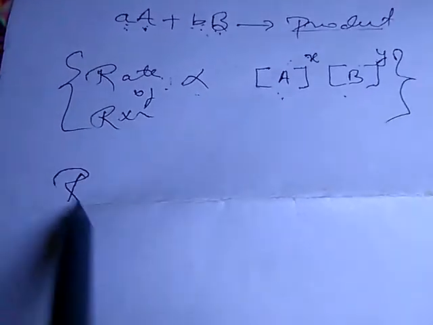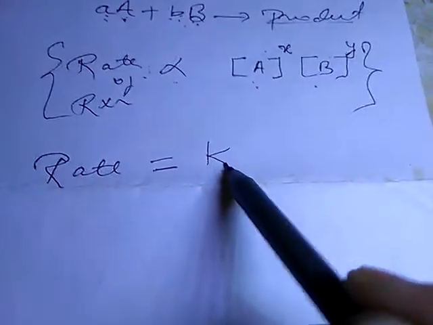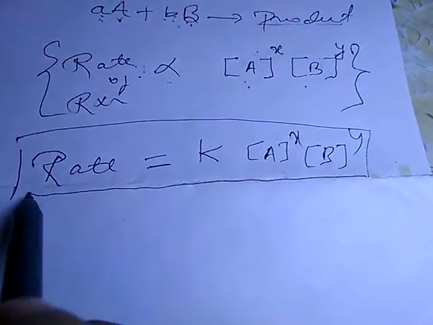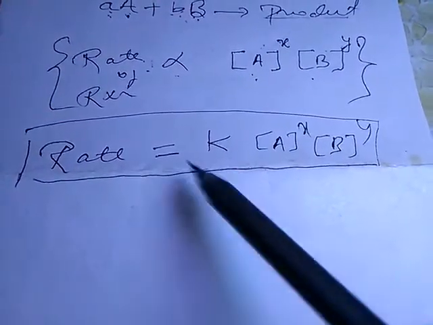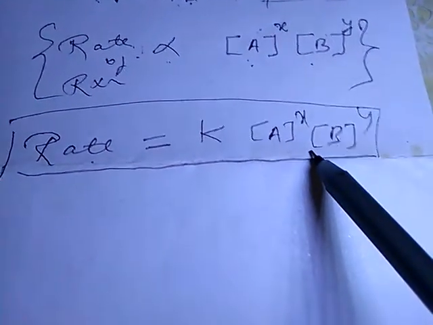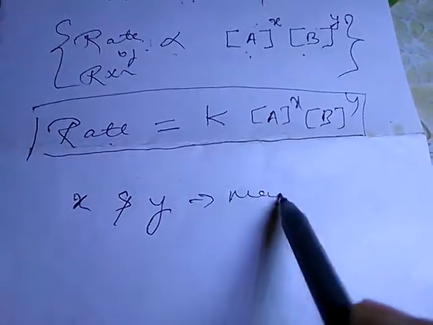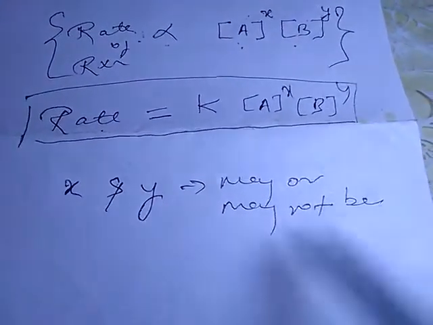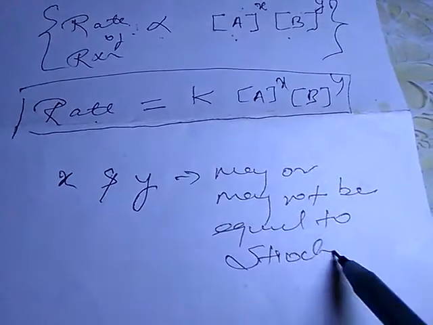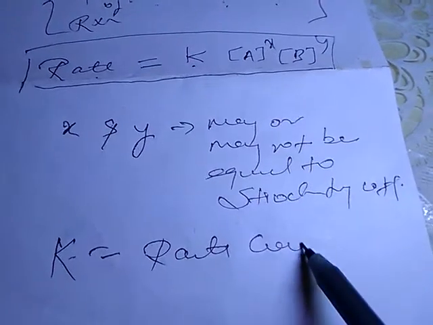Moving ahead, removing this sign of proportionality and converting it into equal, here comes a constant K. So this is the final expression called the rate expression or rate equation, where the rate of the reaction is equal to K into the product of concentrations of reactants raised to some power, and here the powers x and y may or may not be equal to the stoichiometric coefficient. And this k is the rate constant.